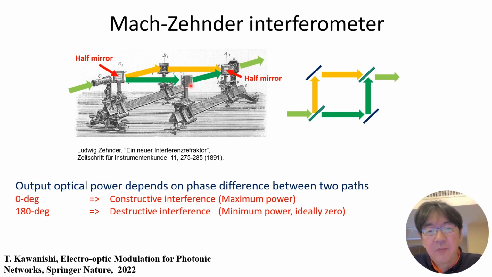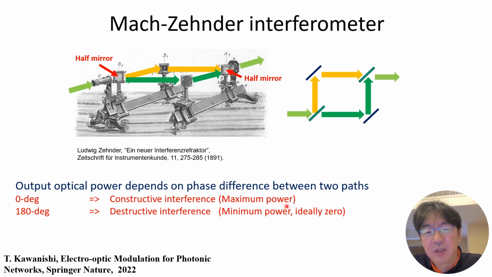And if we change the phase difference between these two optical signals, we can change the intensity of the signal here. So the output optical power depends on the phase difference between the two paths. If the phase difference is equal to 0, we can get constructive interference.